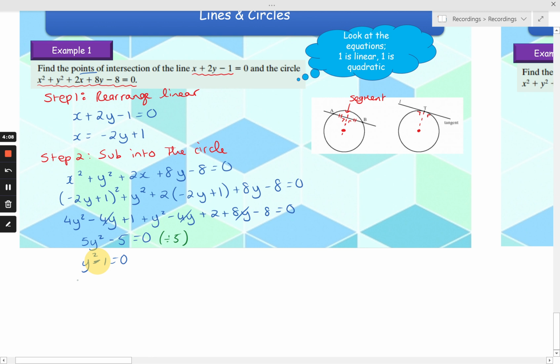So I'm going to use difference of two squares to factorize these, where I get y in each bracket and a plus 1 and a minus 1. Which means my first solution is y minus 1 is equal to 0, which means y is equal to plus 1, and y plus 1 is equal to 0, so we have y is equal to minus 1.